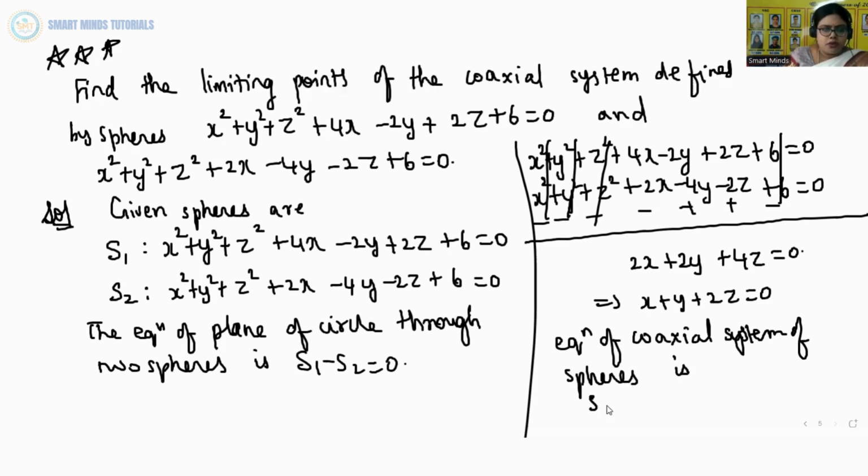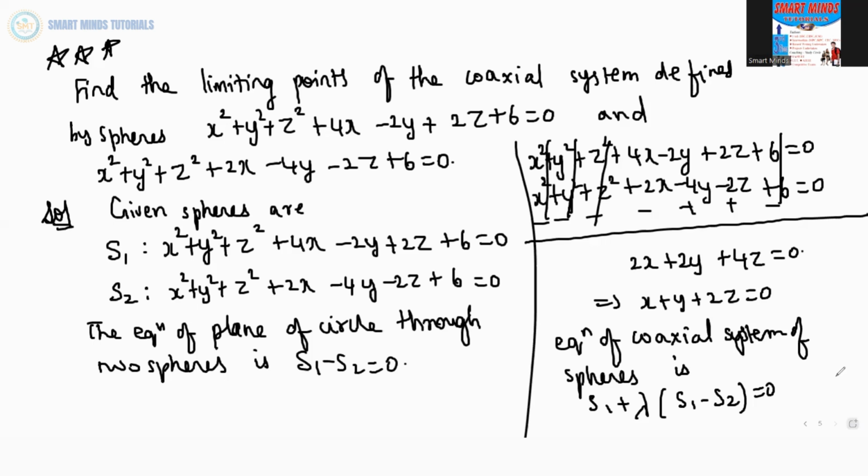Formula is S1 plus lambda into S1 minus S2 is equal to 0. Now we substitute S1 and S2 over here. So what is S1? x square plus y square plus z square plus 4x minus 2y plus 2z plus 6.